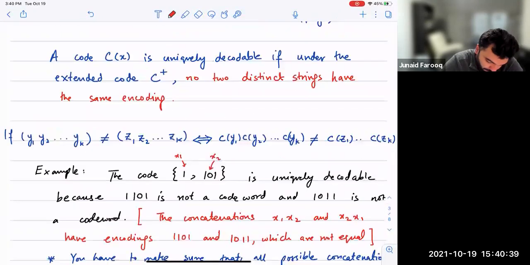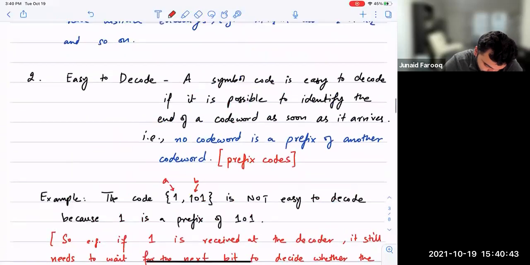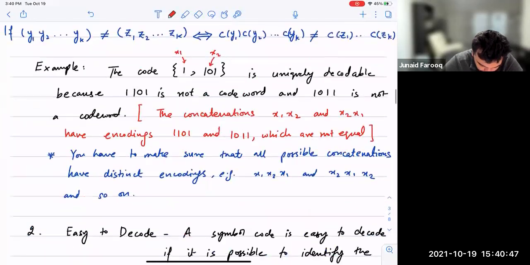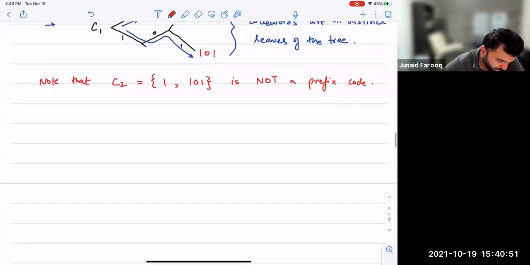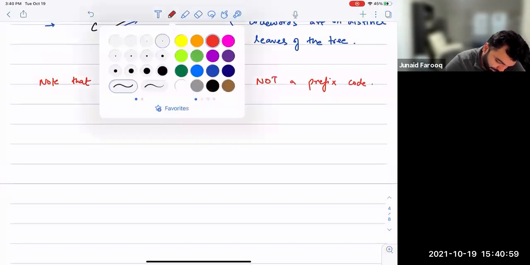So up till now we've seen first is the unique decodability, second is the prefix codes or instantaneous decodability. Now let's do a quick remark here, or maybe let's do an example first and then a remark.